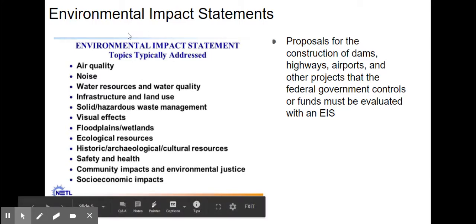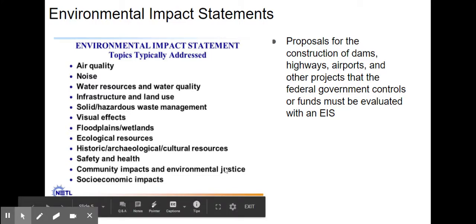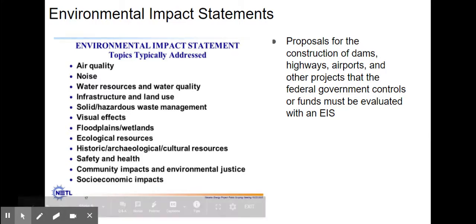The topics that they address in an environmental impact statement are air quality, noise, water resources and water quality, infrastructure and land use, solid and hazardous waste management, visual effects, floodlands and wetlands, ecological resources, historic, archaeological, and cultural resources, safety and health, community impacts and environmental justice, and socioeconomic impacts.